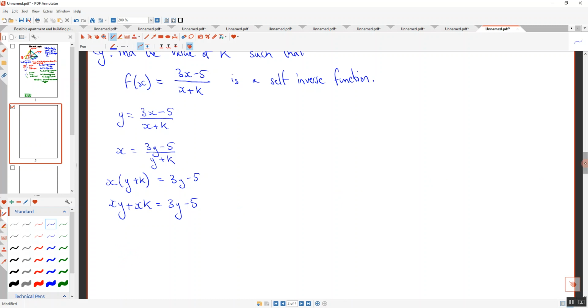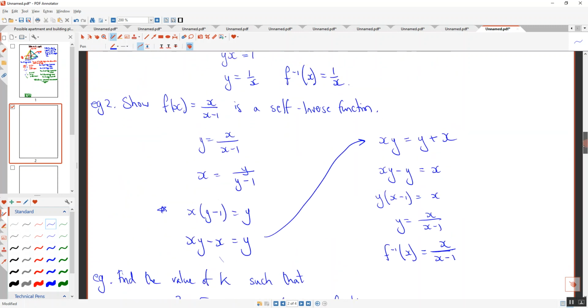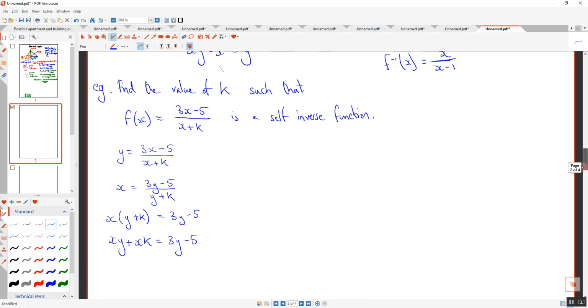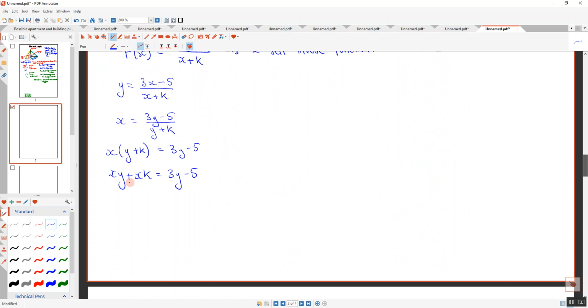What did I do in my previous example? We put our x to the other side and we get all of our y's together. So then you subtract 3y and subtract xk.